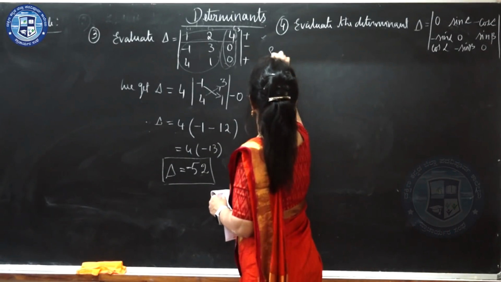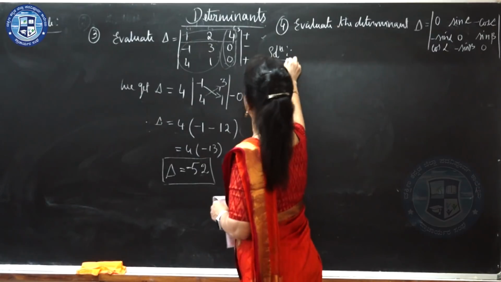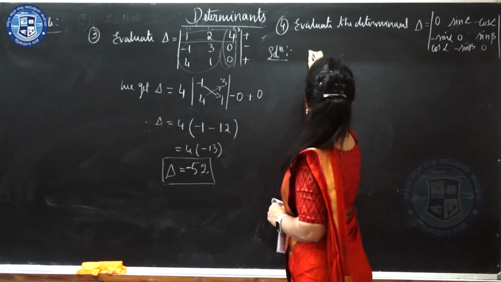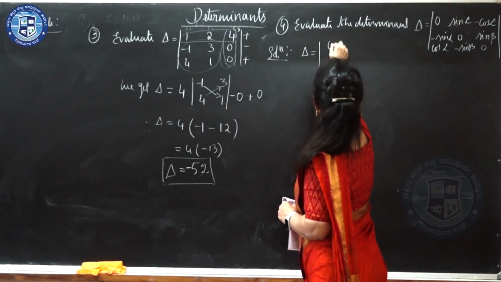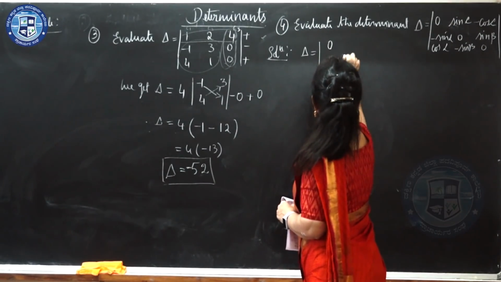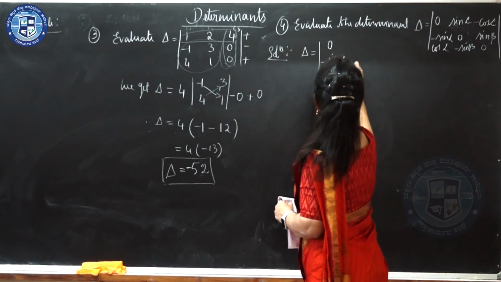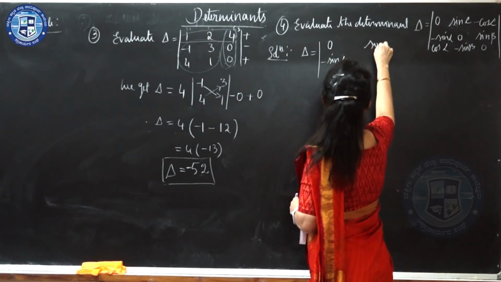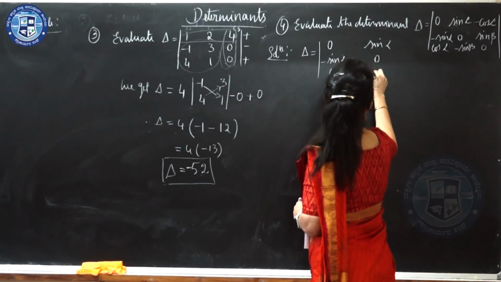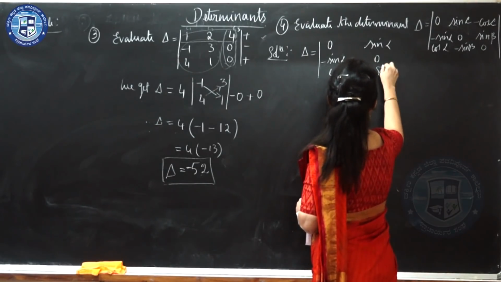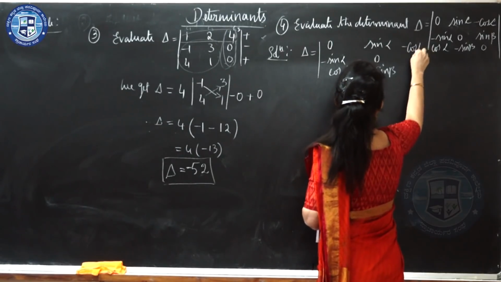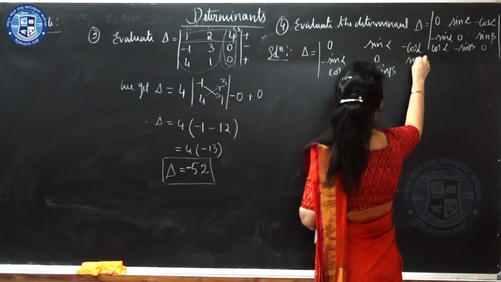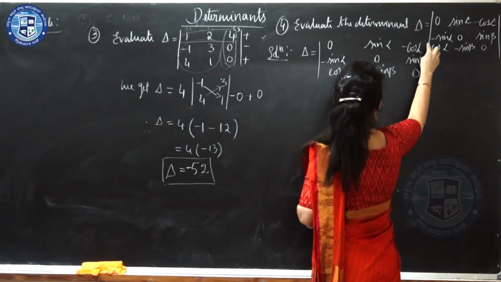Okay, so how will we solve this? Let us take delta is equal to, as given here, 0, minus sin alpha, cos alpha, and then sin alpha, 0, minus sin beta, and the third column elements are cos alpha, sin beta, 0.